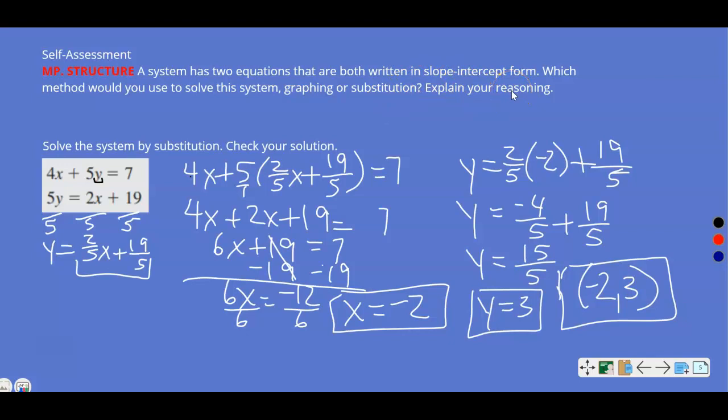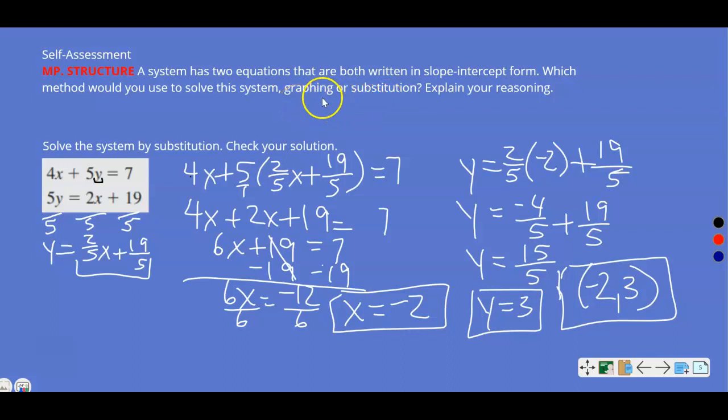If it's in slope-intercept form, it is easy to plug in your calculator and find the intersection point, but it would also be easy to do substitution because y equals both equations. You could set the two equations equal to each other and solve for x very quickly, and then plug the x value in to solve for y. So you could choose either graphing or substitution as long as you can explain that.